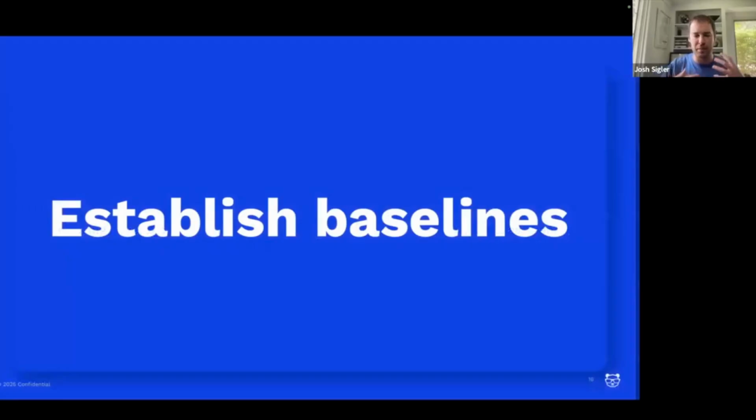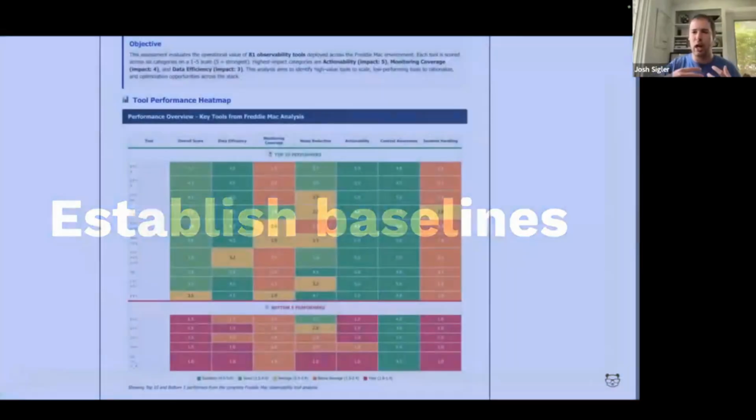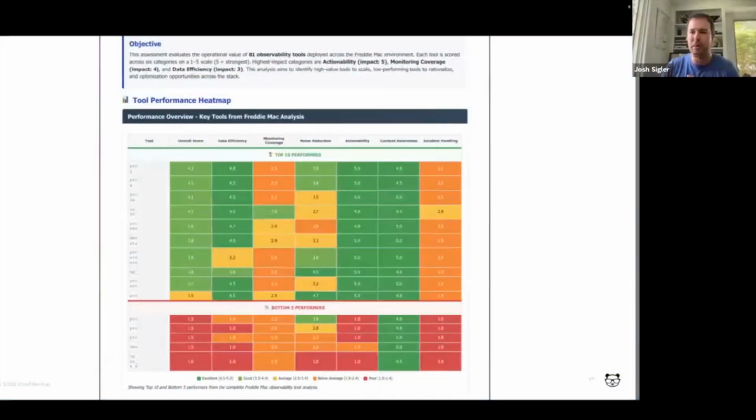Now, the way that we actually use that framework is to establish baselines. One of the key products that we've started rolling out is what we're beginning to call our observability scorecard. This is our way to take a data-based approach towards grading how well each of those tools performs across each of those 6 categories.